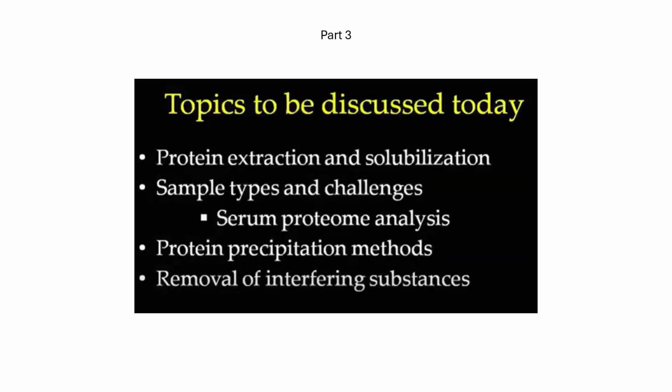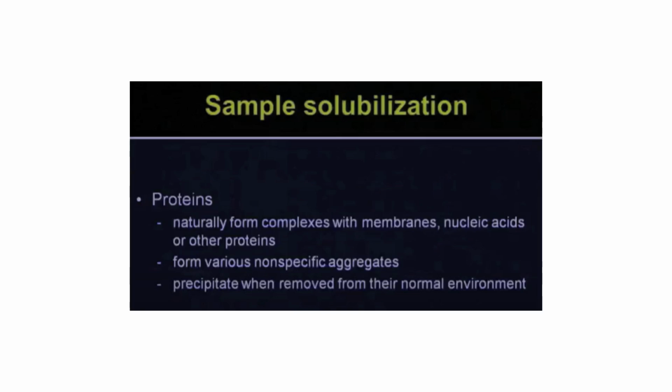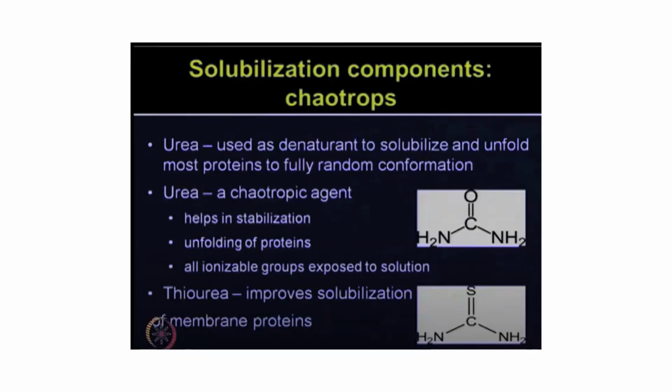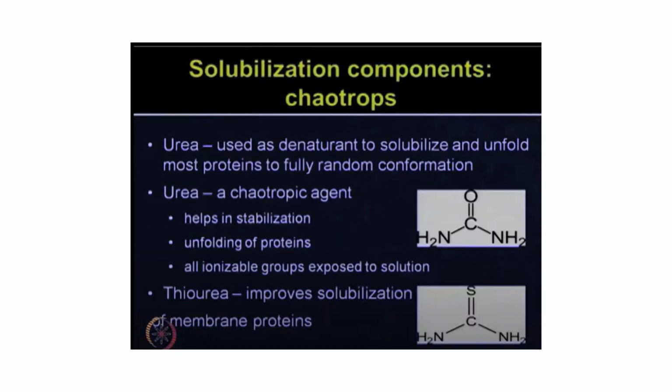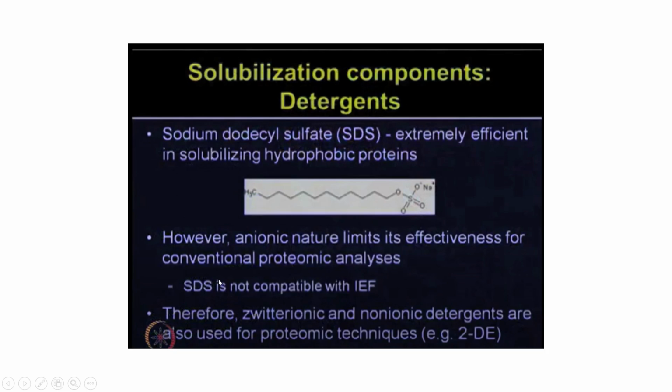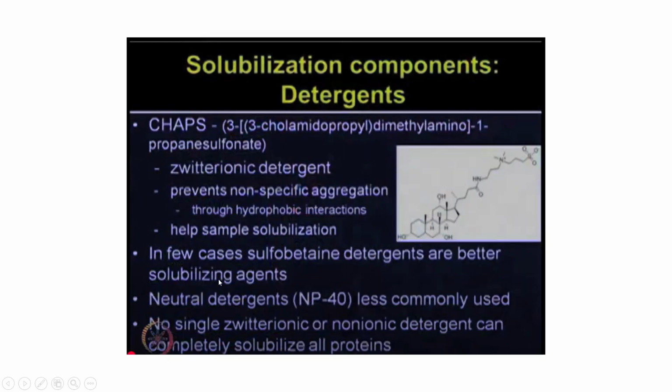Then in the next lecture, how exactly protein extraction can be done, with different types of components like urea, thiourea, or SDS. Their functions and roles were discussed in the lecture: how they help in stabilization, unfolding the proteins, etc. You can all go through that.